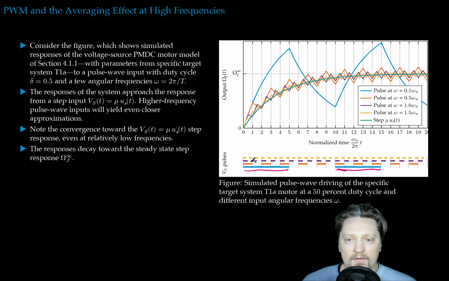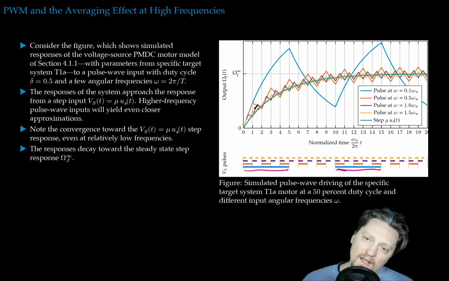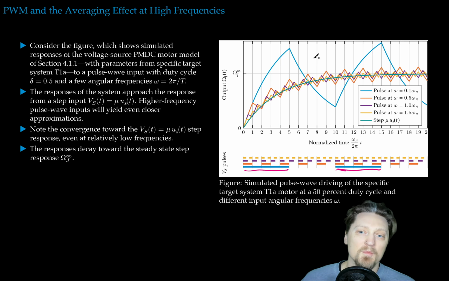If we keep increasing the frequency in orange, we see that it speeds up and slows down, but it stays closer to this average line. As we keep increasing that frequency, we converge toward this continuous line of a unit step response. So if we have a high enough frequency for our PWM signal, we can get a response that looks essentially as if we had put in a continuous DC value instead of a pulsed value.